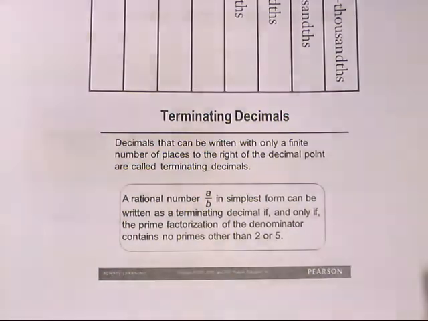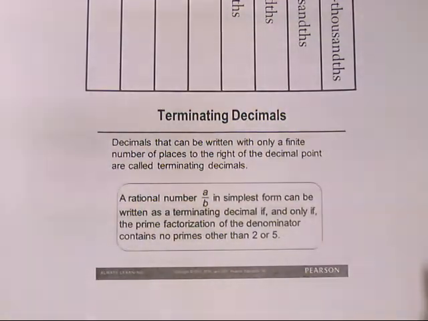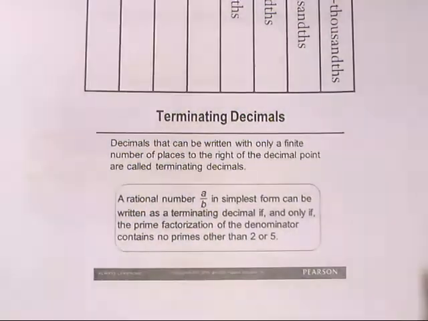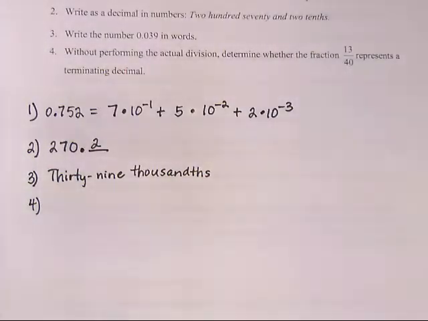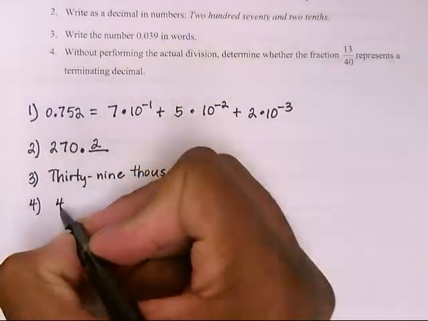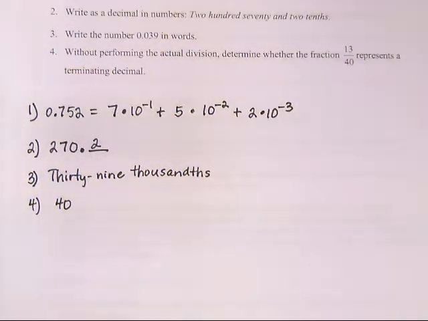A rational number a over b in simplest form can be written as a terminating decimal if and only if the prime factorization of the denominator contains no primes other than 2 or 5. So it must only contain a prime factorization with only 2 and 5 in it for it to be a terminating decimal. So in this case, the denominator is 40.